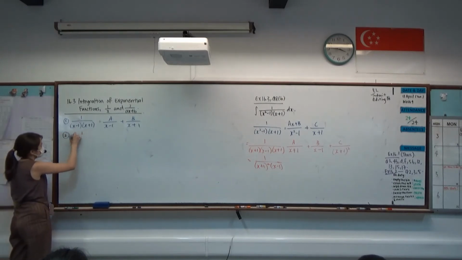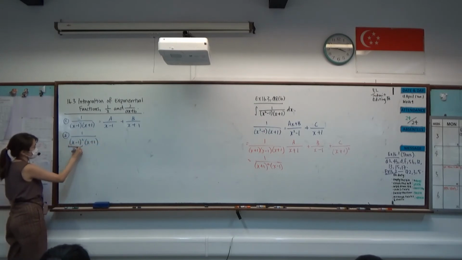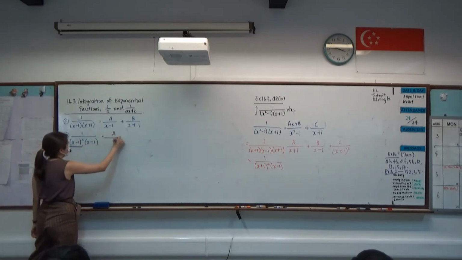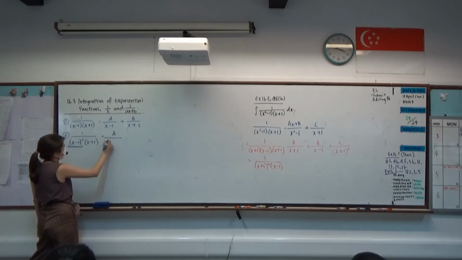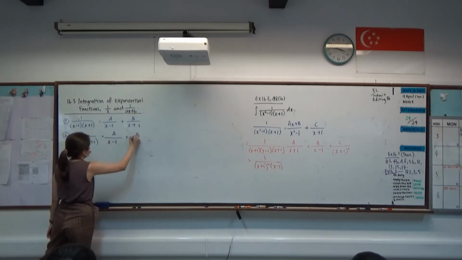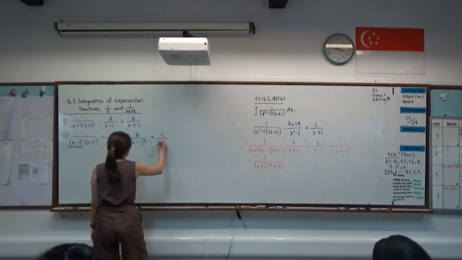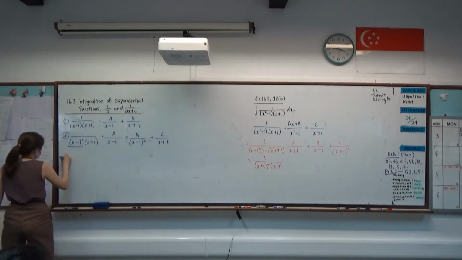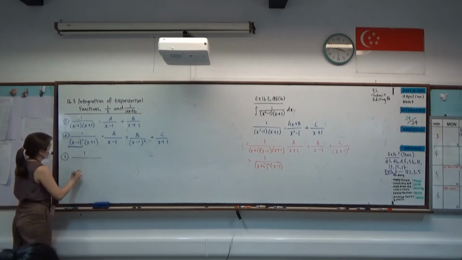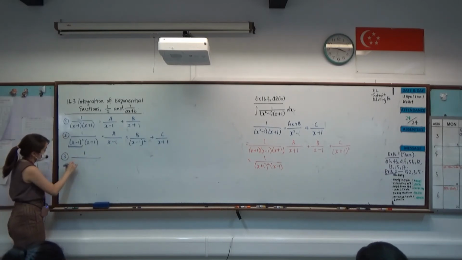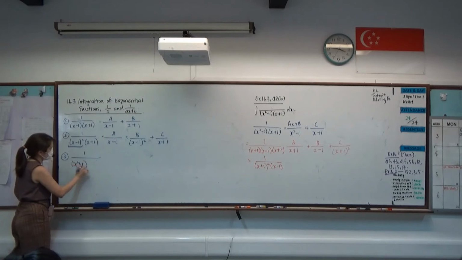Part number 2, repeated. This one repeated. So we have A over x minus 1 plus B over x minus 1 squared plus C over x plus 1. Third one is x squared plus 1.